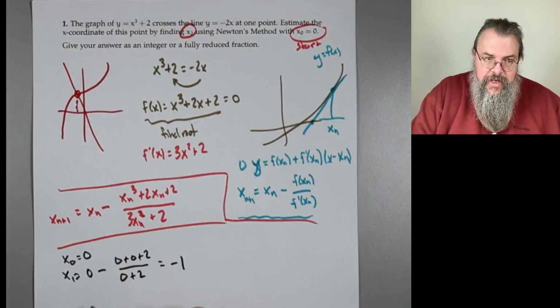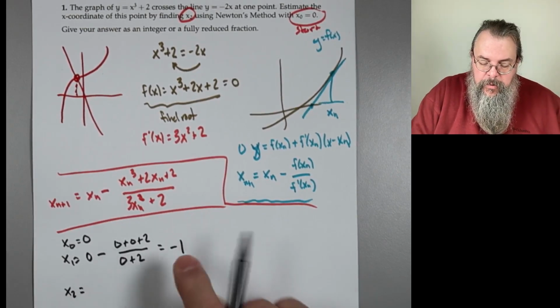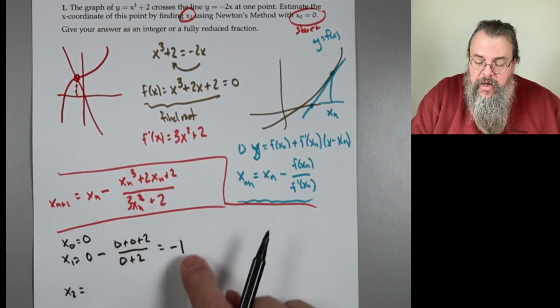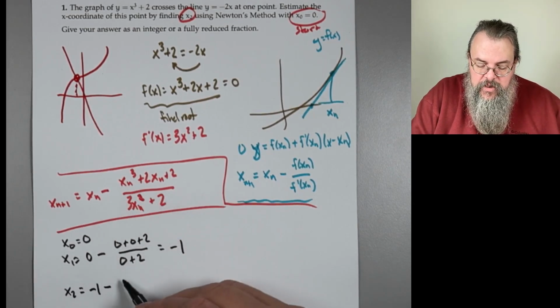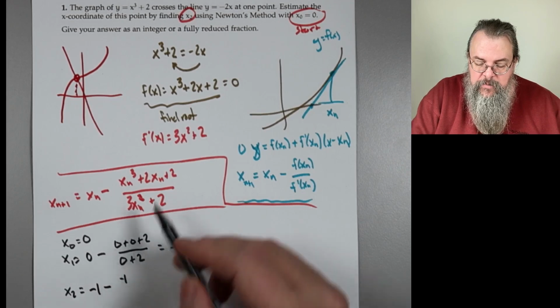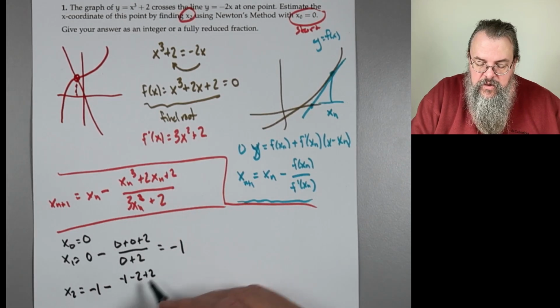x2. Okay, so what is x2? Well, x2 is, everywhere we see xn now, put minus 1. Minus 1 minus 1 cubed is minus 1, minus 2, and plus 2.